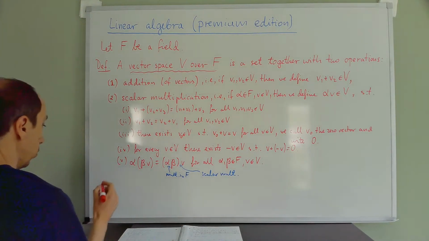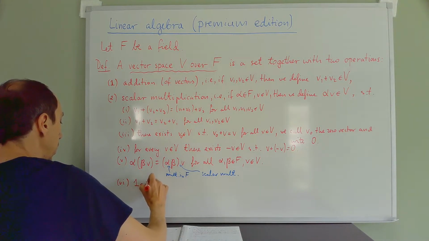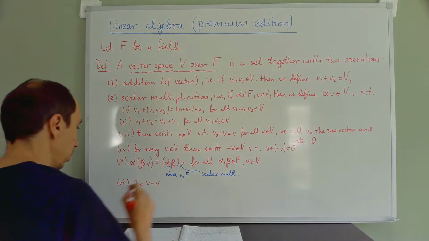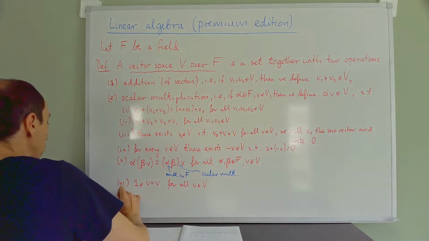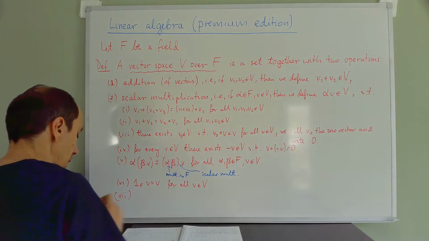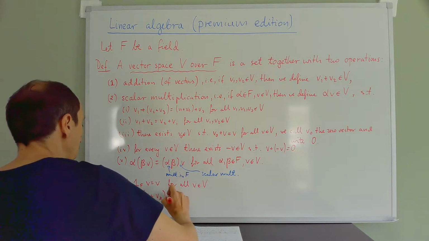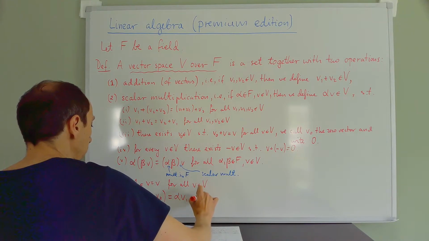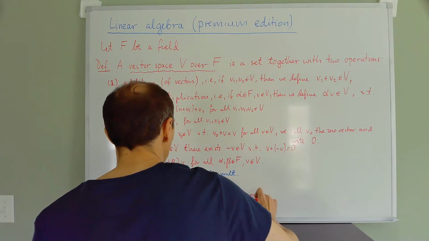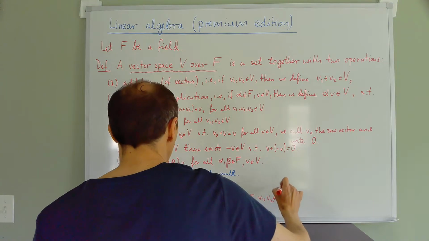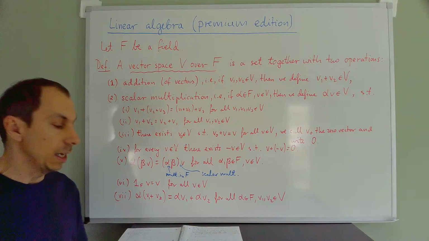Okay, what's more? You know that fields have identity, so I want the identity in F to just not do anything to the vectors, for all v in V. 7: alpha times v1 plus v2 is equal to alpha v1 plus alpha v2, for all alpha in F, v1, v2 in V. So in other words, you have the distributive law of scalar multiplication.